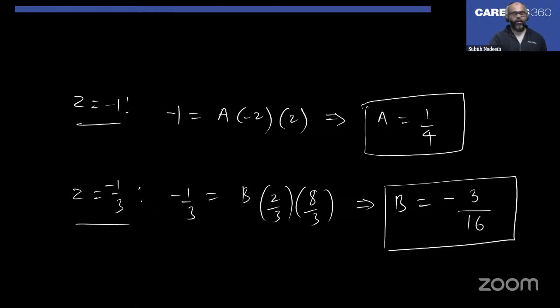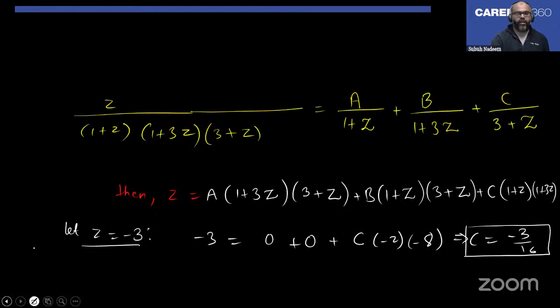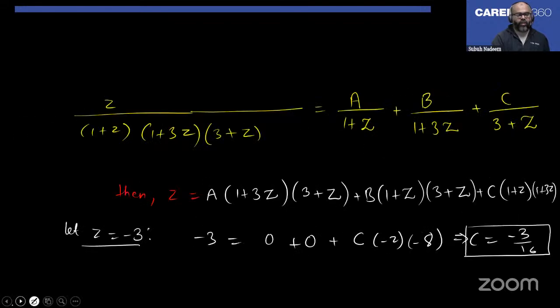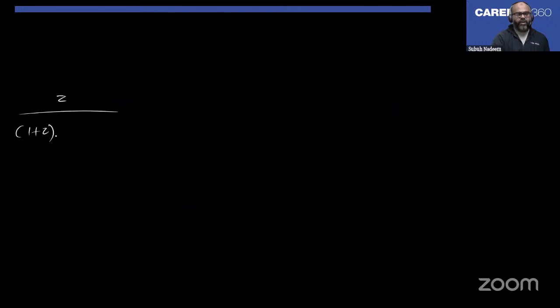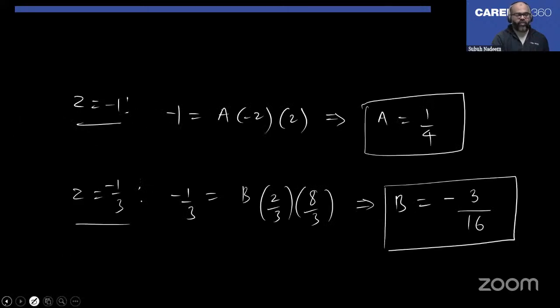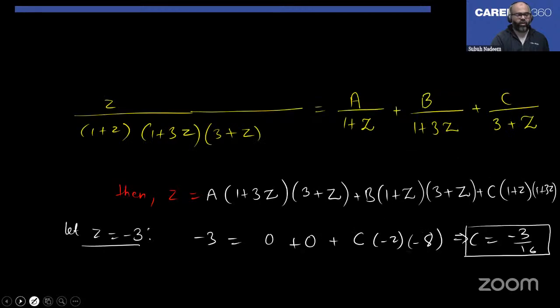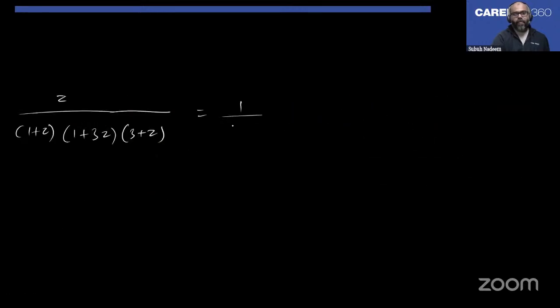Yeah. Now let us put them in this one. So z by 1 plus z into 1 plus 3z into 3 plus z can be written equal to a, equal to 1 by 4. So 1 by 4 times 1 plus z.